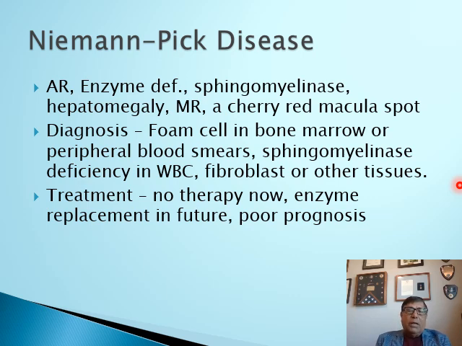A peripheral blood smear also will show the same kind of cell, and it is due to the sphingomyelinase deficiency in WBC, fibroblast, or other tissues. And enzyme replacement is being tried, but as far as prognosis is concerned, at the present time it is not that great.